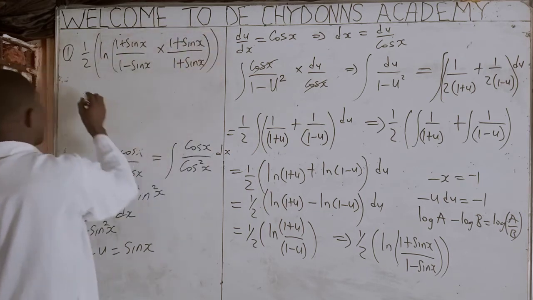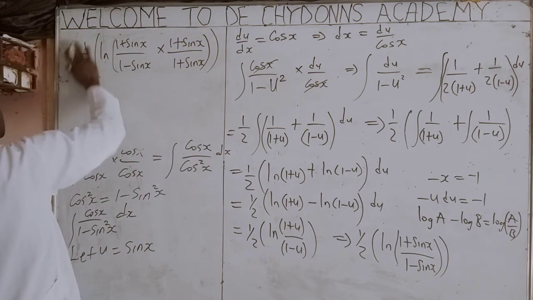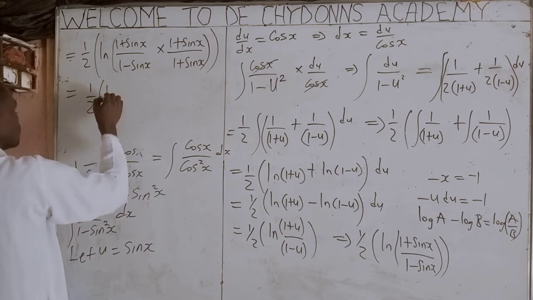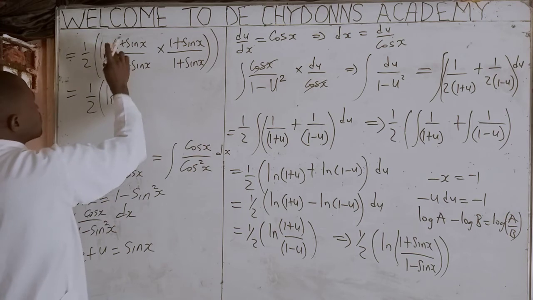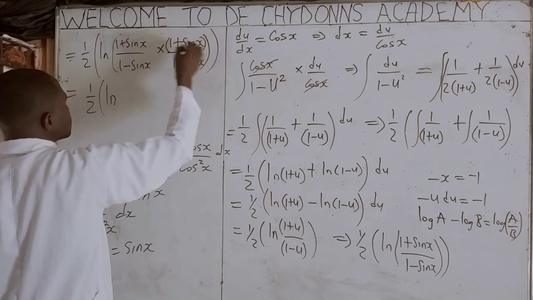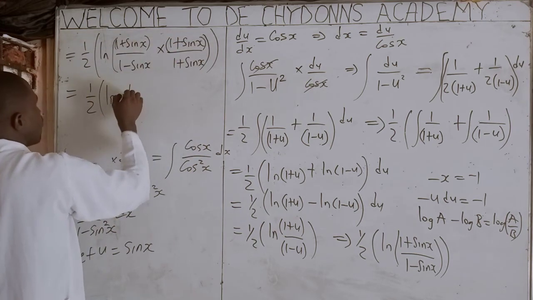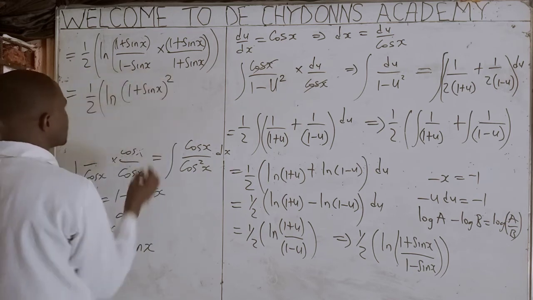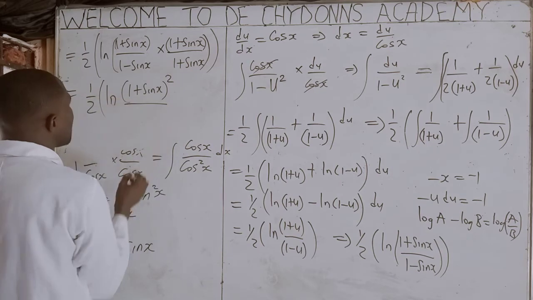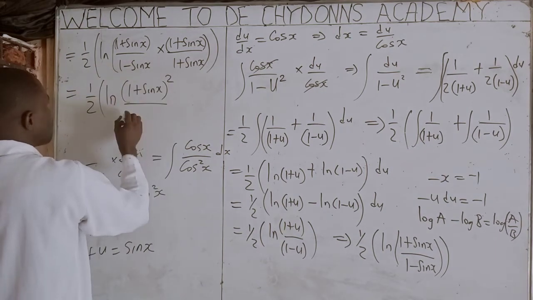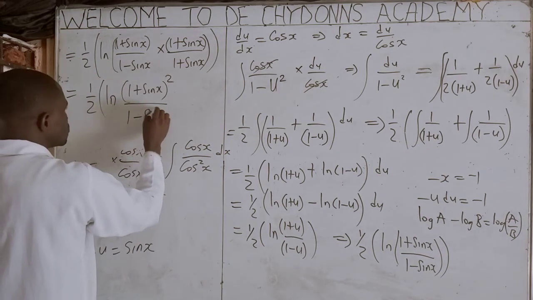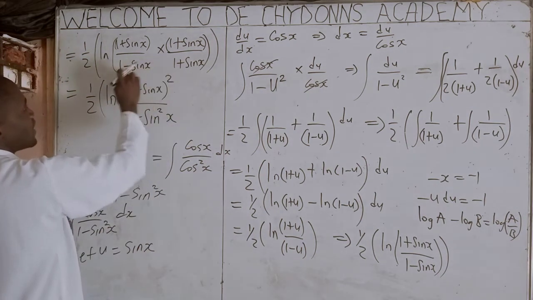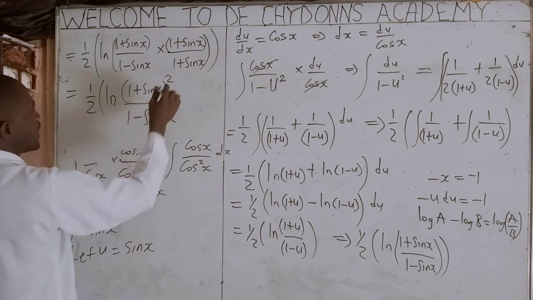So once we do that, that will be giving us 1 over 2 ln, this times this will give you 1 plus sine x all squared, all over this times this will give you 1 minus sine squared x, because they are conjugate.